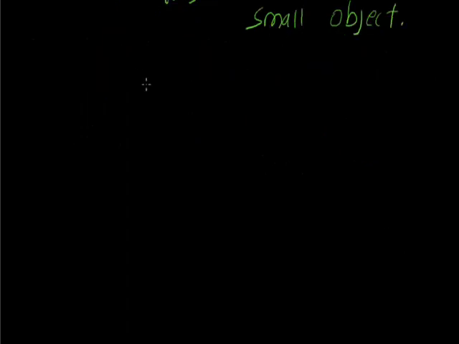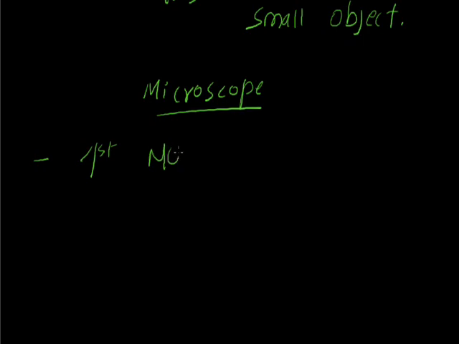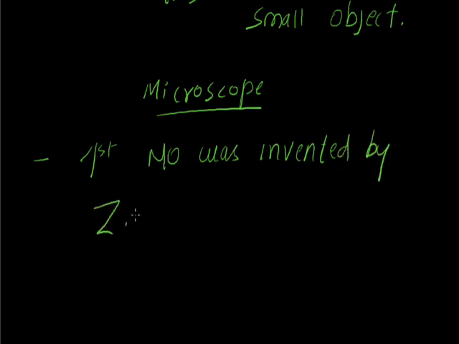Now come to the microscopes. The first microscope was invented by two brothers, J. Jensen and F. Jensen.